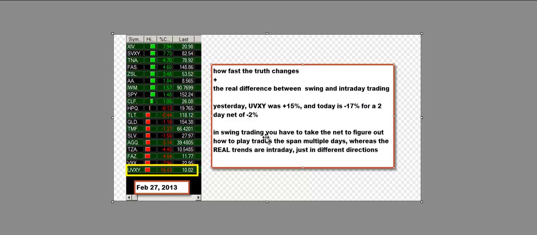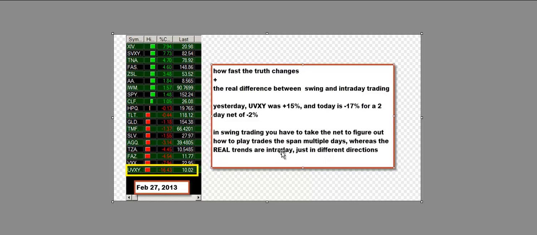So if you're swing trading, you're trying to do that in the VIX, you're really trying to figure out a rule set that will allow you to position yourself to accommodate swings of 15 and 20% on a daily basis and somehow catch the directional net out of that. Well, you can see after a 15 and a 17% move, the net is only a two-day net of about minus 2%.